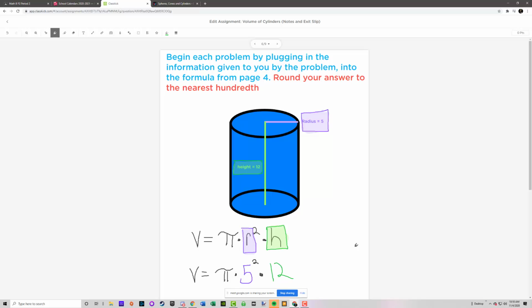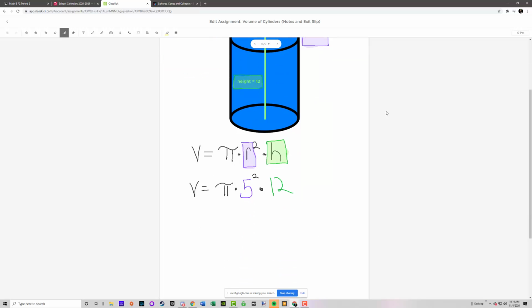So every time we solve one of these things, folks, you're going to begin each problem, like it says up here, by plugging in the information given to you by the problem. So we plugged in the value for the radius, plugged in the value for the height, and now there's just one last value that we've got to plug in.